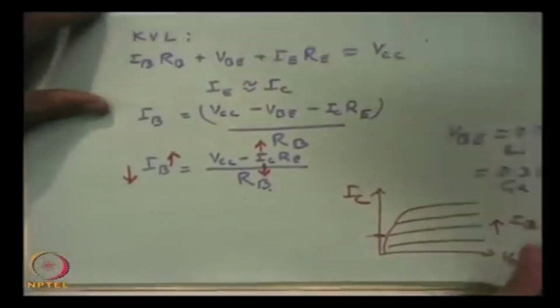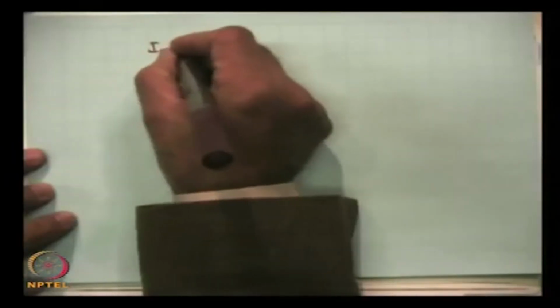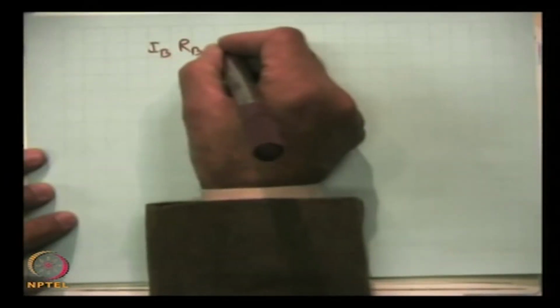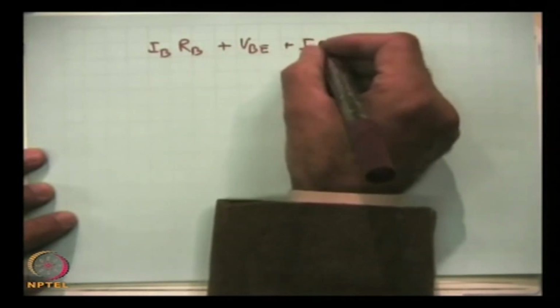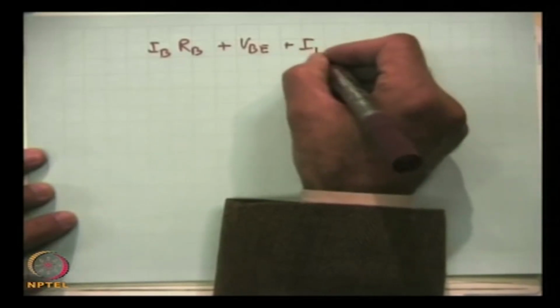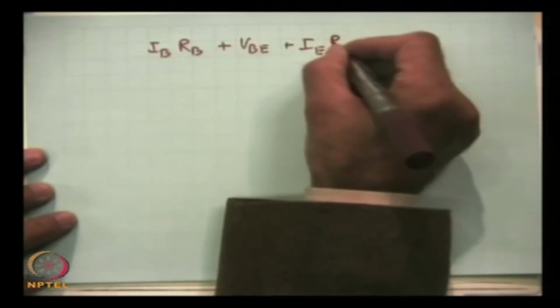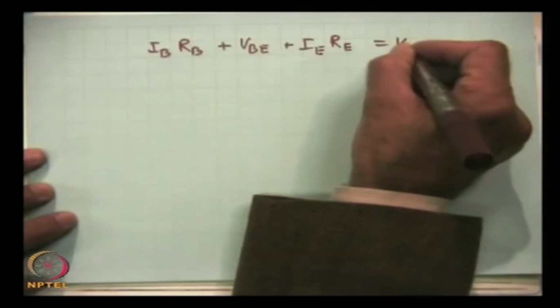We can further explain this. The equation which we wrote, IB RB plus VBE plus IE RE, which is the same as IC RE, is VCC.